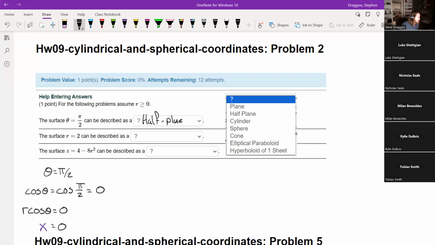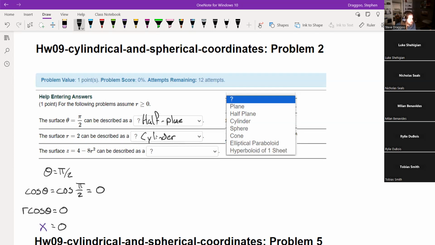Okay, let's look at another surface. r equals 2. This one's easy. We're in cylindrical coordinates, and we've got r equals 2. That's a cylinder, the namesake of the coordinate system we're in.